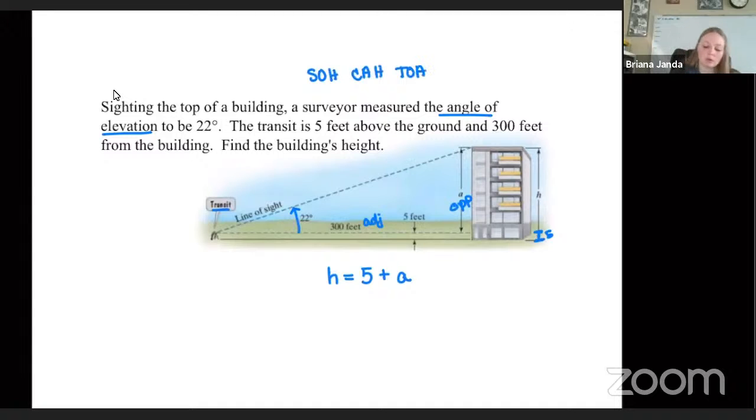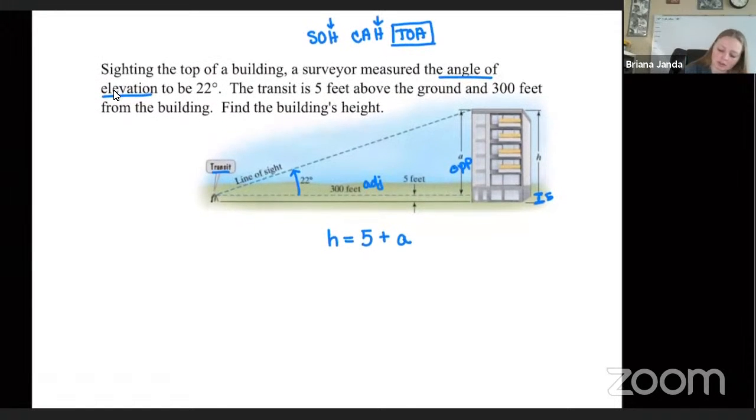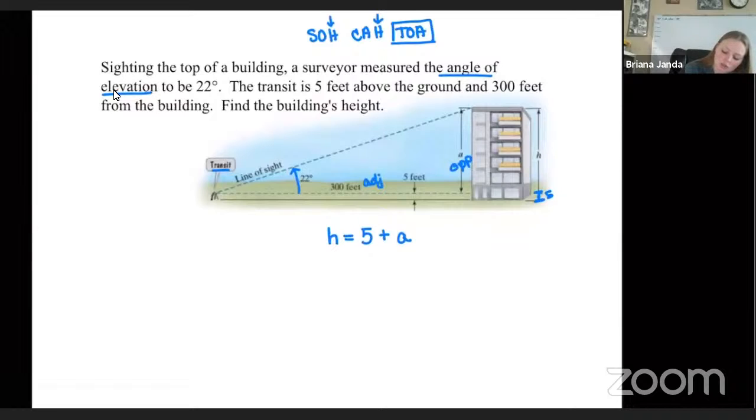In real world situations, tangent ends up being used a lot because typically vertical and horizontal lines are easier to find than the hypotenuse, the angled distance. So it is not unusual for tangent to be the function we use. We know the angle is 22. Opposite would be A. Adjacent is 300.